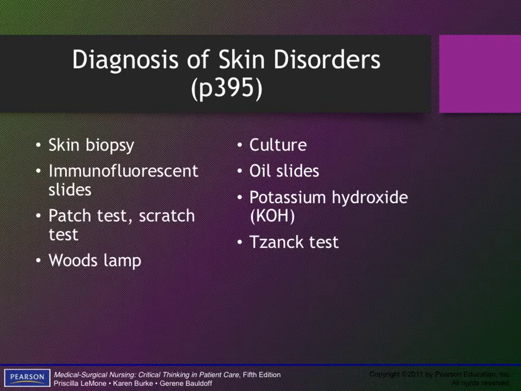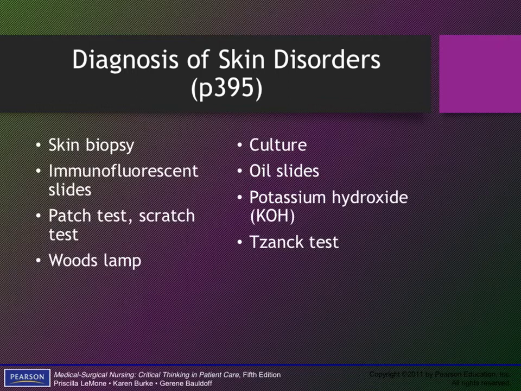Then when we talk about cultures, this is where they're taking a scraping of a lesion or drainage to identify fungal, bacterial, or viral infections. Nursing considerations, you would need to obtain the culture with a sterile culturette, swab, or a culture tube, and maintain strict asepsis. You don't want cross-contamination of your body fluids or your staff with that particular culture.